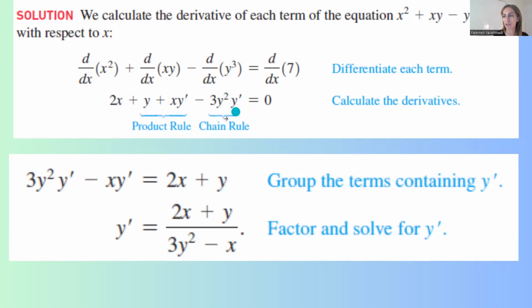And we're going to add 3y squared y prime to both sides, so you end up with 3y squared y prime. Now between these two, factor out y prime. You're left with 3y squared minus x. And then if we divide both sides by 3y squared minus x, we get this rational expression which represents y prime, or the derivative of the function.